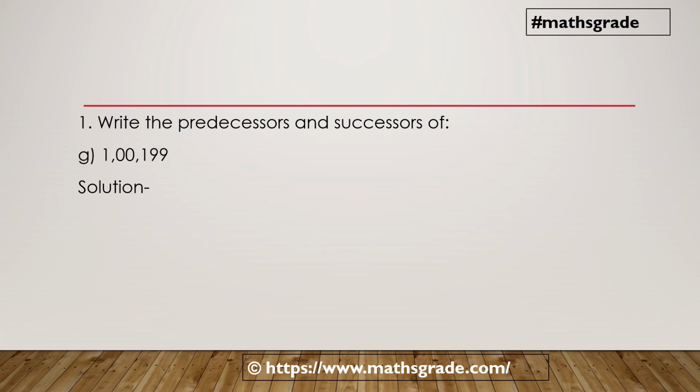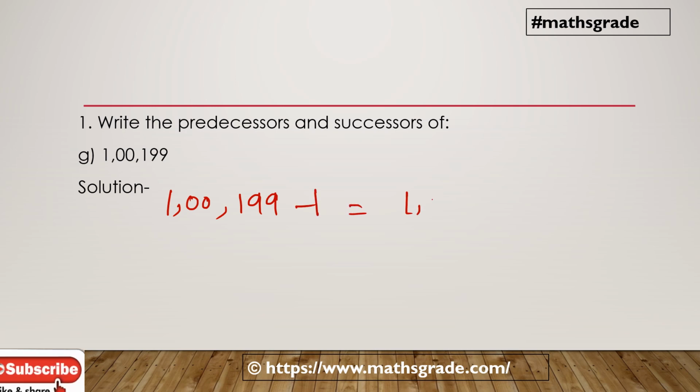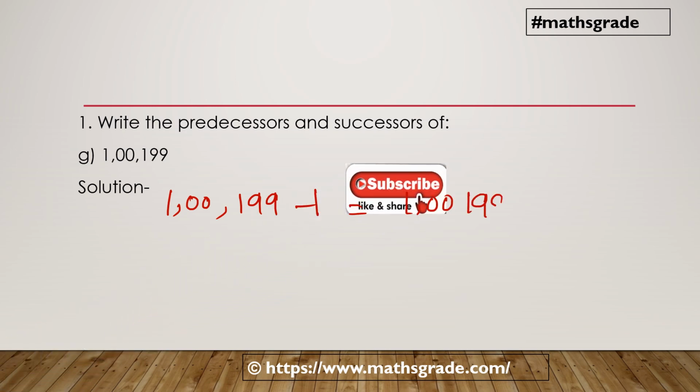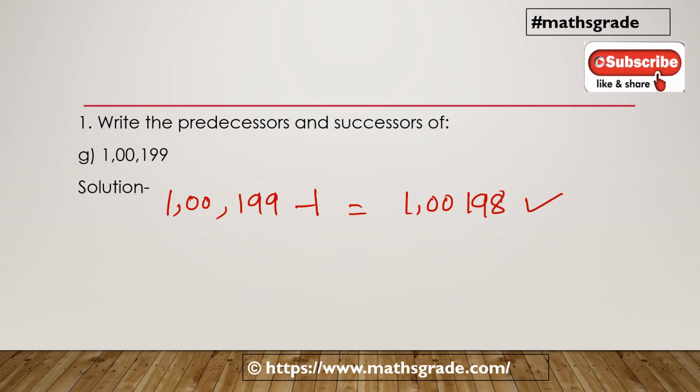Now question number G bit, 1,199. Predecessor of 1,199 is, we have to subtract 1 from the number 1,199. And predecessor of 1,199 is 1,199 minus 1, which is 1,198. And 1,198 is the predecessor of the number 1,199.